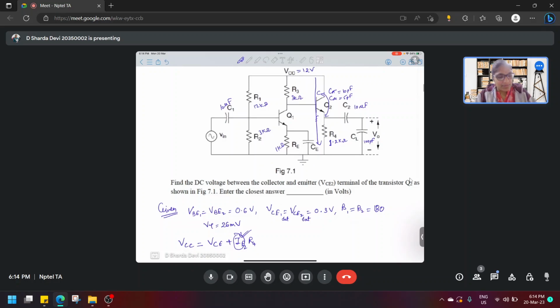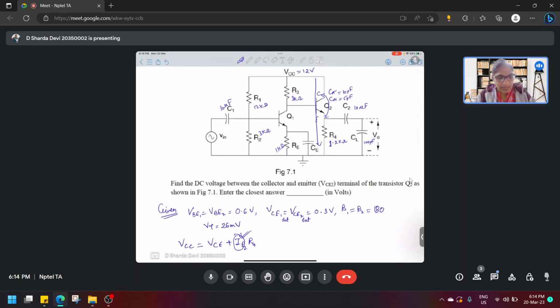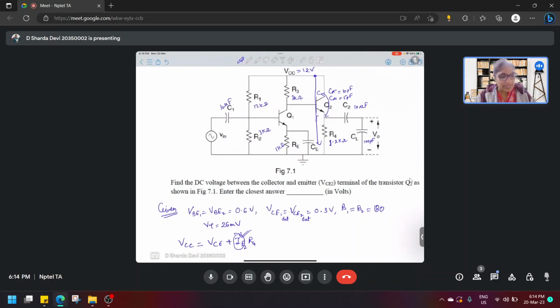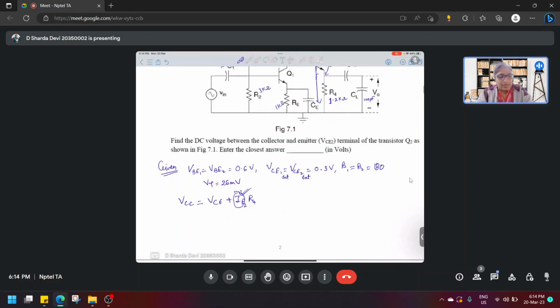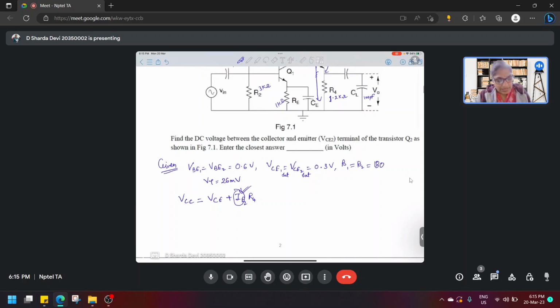If we look at this path from VCC to ground, we'll find that VCC will drop across VCE of the transistor, and then across this resistor R4. The drop across the resistor we can simply write as IE into R4, right? So if we find this IE, we can find this VCE.